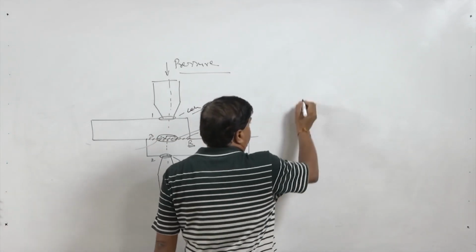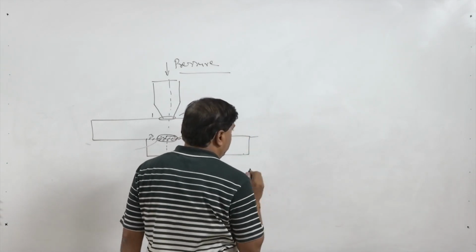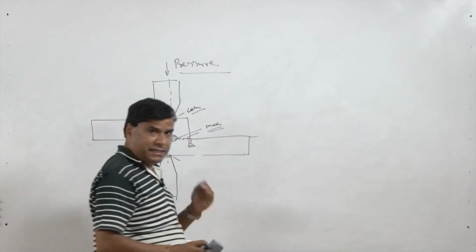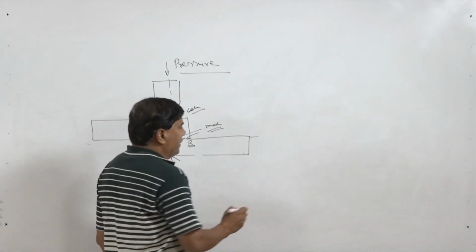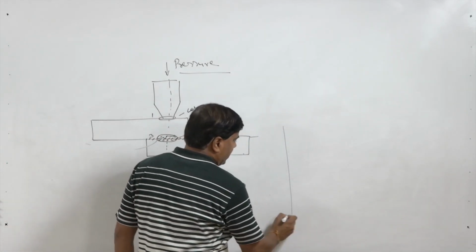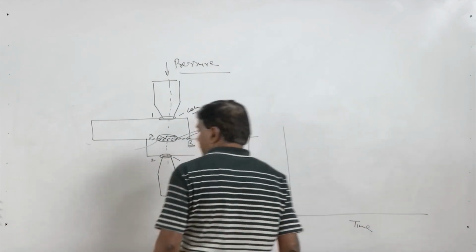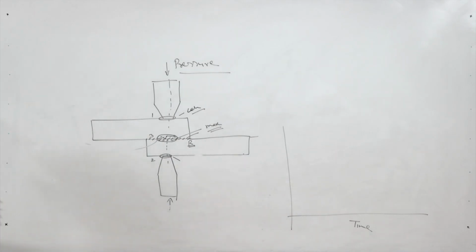Before going into that effect, let us see the kind of cycle which is followed in resistance welding processes. That cycle goes like this: as a function of time, how the pressure and current vary.